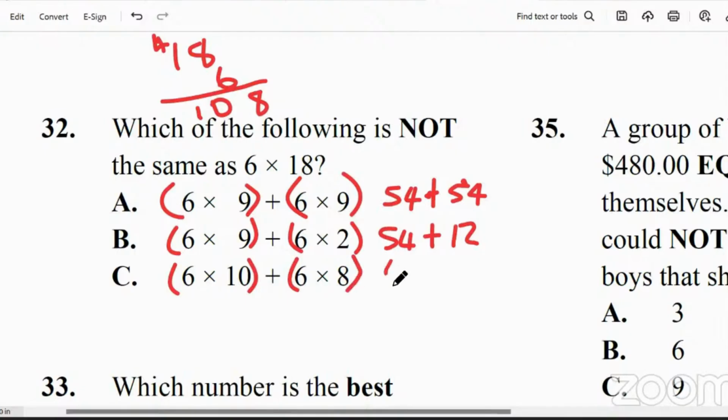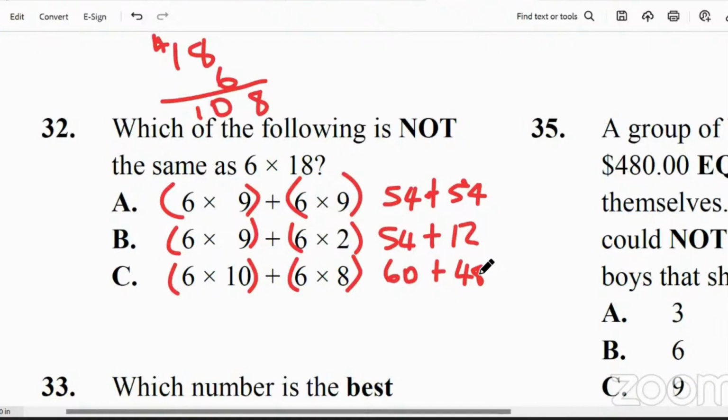All right, so again, we do this part first and then this part, then we do the addition. So 6 times 10 is 60 plus 6 eights, 48. All right, so if you were to add 54 plus 54, the answer is 108. I don't have enough space to do the addition, but it's 108. 54 plus 12, that's 66. And 60 plus 48, that's also 108.